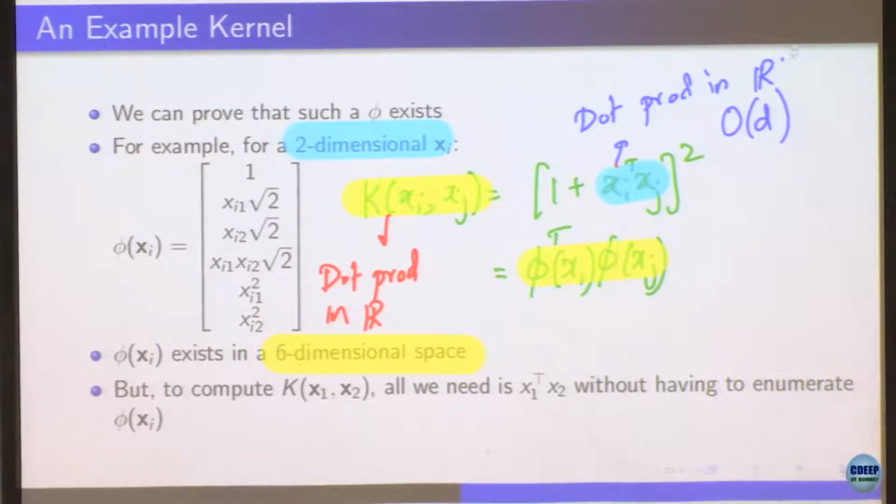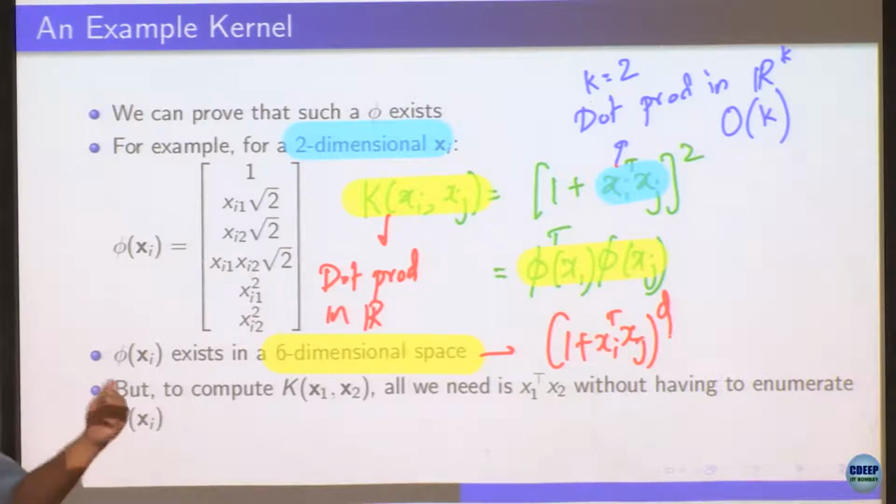This is the original space k. Let's use the word k here. So I have a dot product in k where k equals 2, and now I'm looking at the dot product in a space which will give me, let's say, exponent 1 plus xi transpose xj raised to d. So let's say this is the term I was looking at.